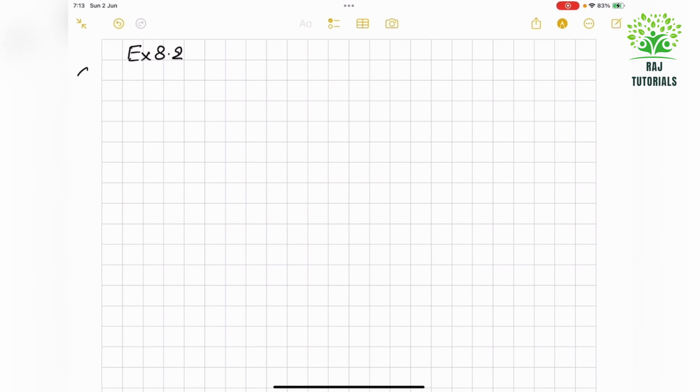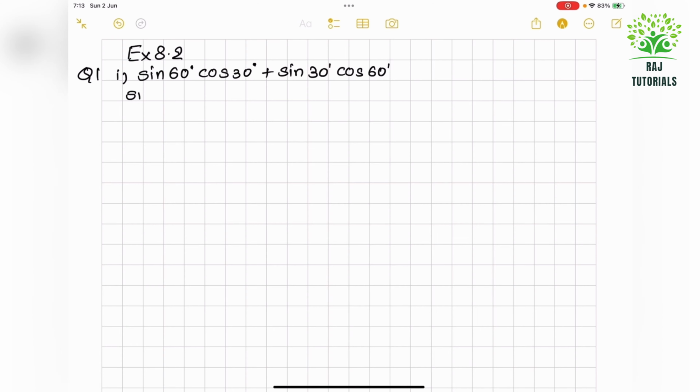Now moving to exercise 8.2, question 1. First one says, evaluate the following: sine 60 degree cos 30 degree plus sine 30 degree cos 60 degree. So here we will be using the sine theta, cos theta and tan theta table.